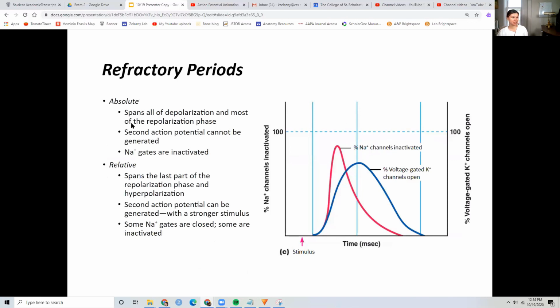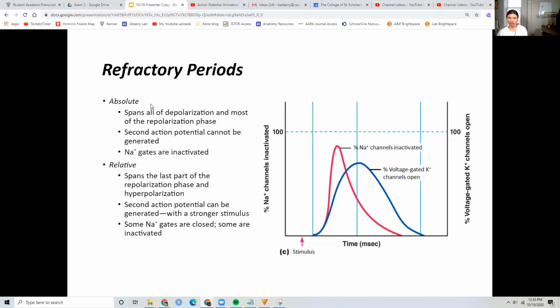So we can see a graph of what this would look like. During our absolute refractory period, that's happening all of the depolarization phase of our action potential. As our sodium channels are opening, they're already opening. You can't open them more by having a new stimulus. We absolutely can't have another action potential because we already have one going.